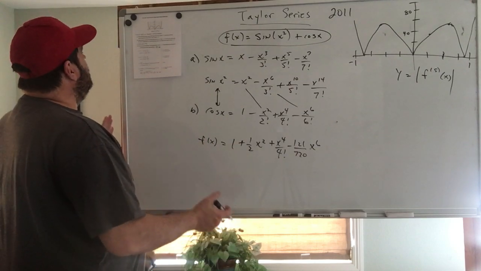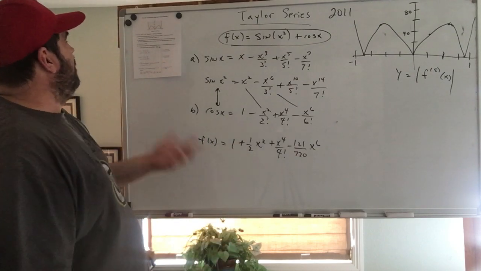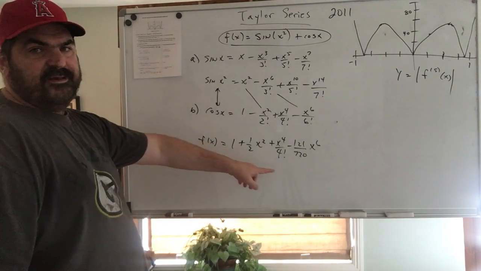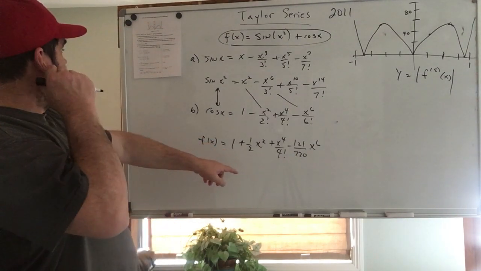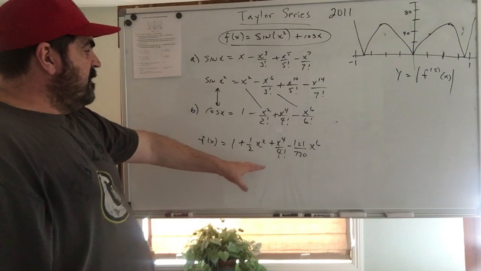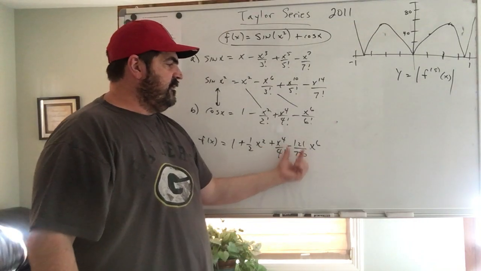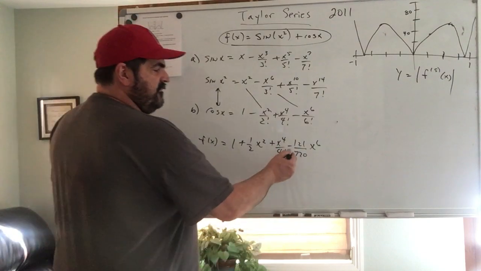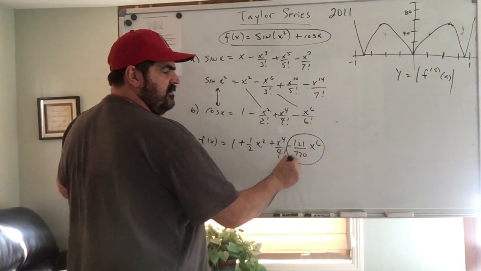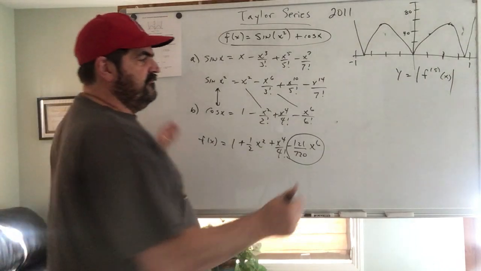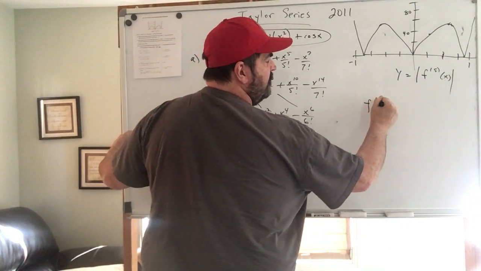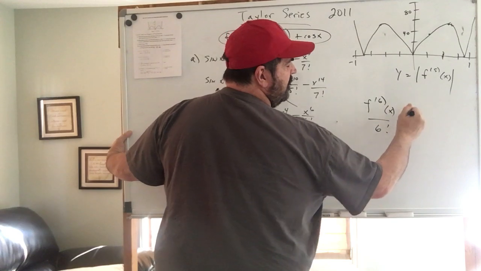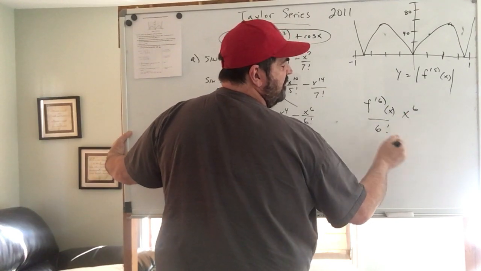And then it says, find the value of the sixth derivative of this at 0. Well, I don't want to take sixth derivatives of this. But you remember, the number in front will help you with the sixth derivative. So in front of this term, if you remember our Taylor series, the formula is the sixth derivative of a function over 6 factorial times x to the sixth.